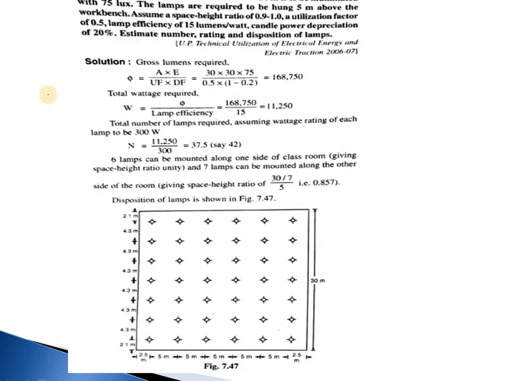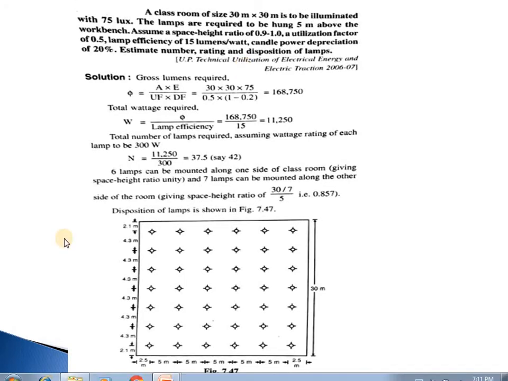Now we will go to problem 3. Third problem. A classroom of size 30 meter into 30 meter is to be illuminated with 75 lamps.